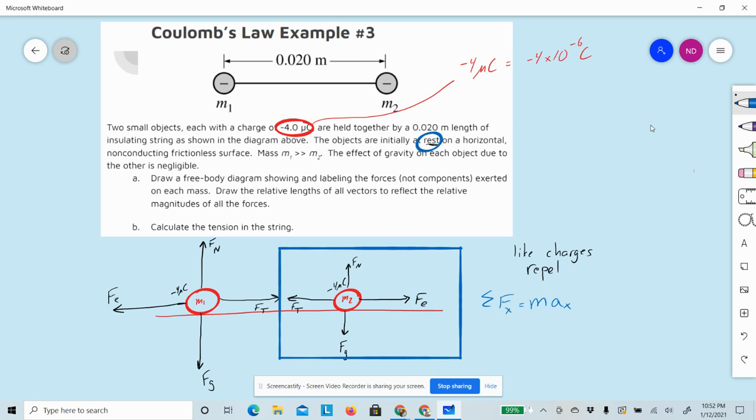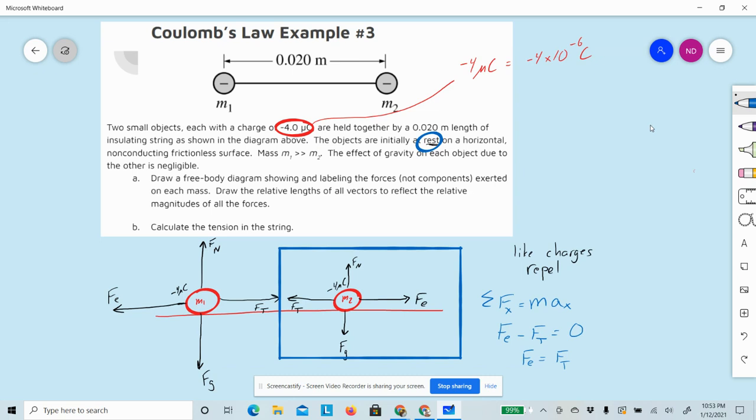It's not accelerating. So the force to the right minus the force to the left equals 0, or the electrostatic force is going to be equal to the tension force. We have to calculate one of them. The one we can calculate is the electrostatic force.